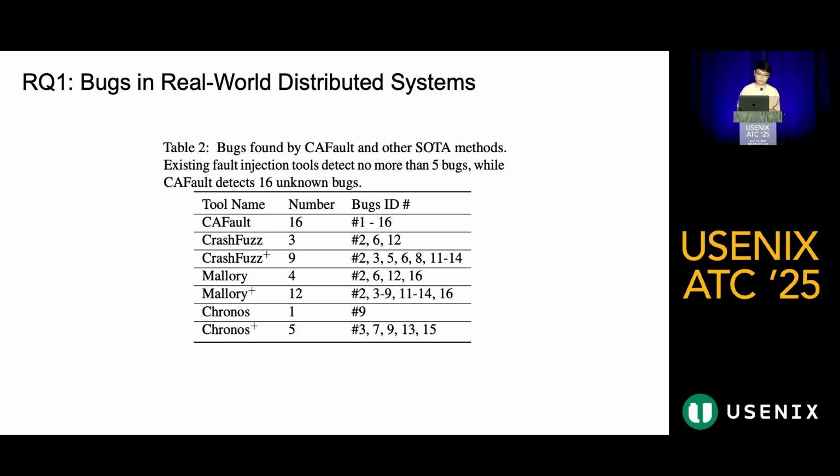The results show that the fault-dependent model really helps improve bug detection. Compared to other state-of-the-art tools, CAFault not only found all the bugs they found, but also detected additional ones they missed.